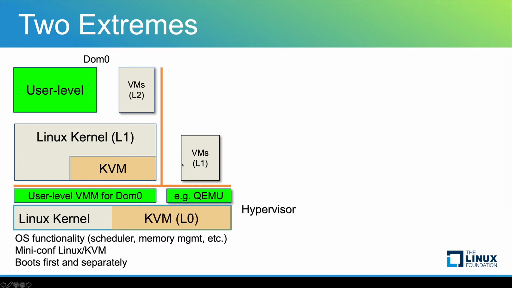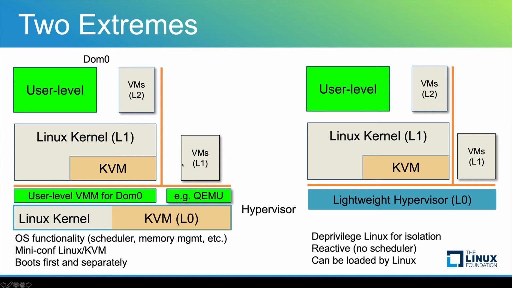This is one implementation, and the other side is the lightweight hypervisor. It's simply just a deprivileged Linux for isolation, and it's just reactive. So as long as the host Linux and guest Linux behave well, it doesn't generate VM exits.